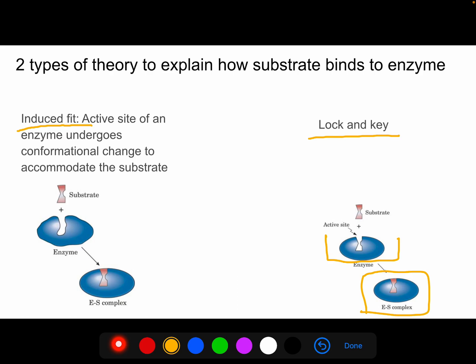It's not a real fit, but as the substrate comes closer, the enzyme changes its shape while it's binding and forming an enzyme substrate complex. So this is the induced fit model. The initial binding of the substrate to the enzyme induces a change in the enzyme, and the enzyme undergoes a conformational change to accommodate the substrate.